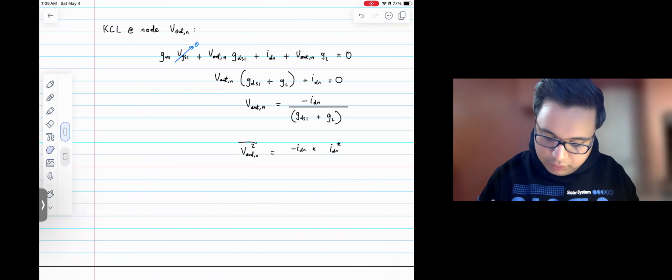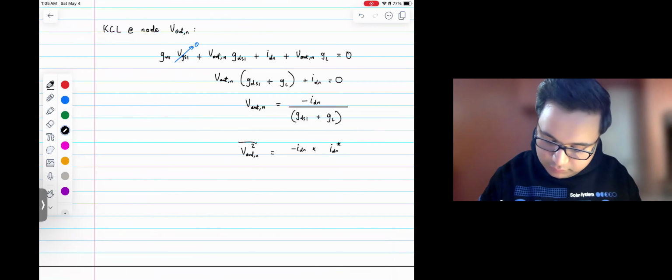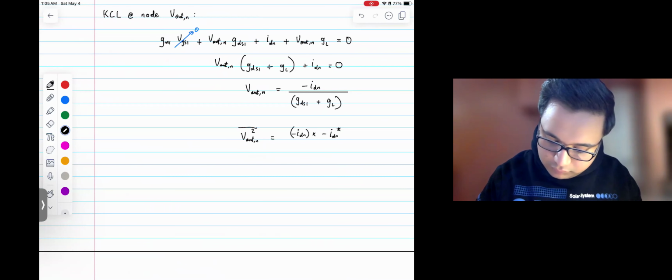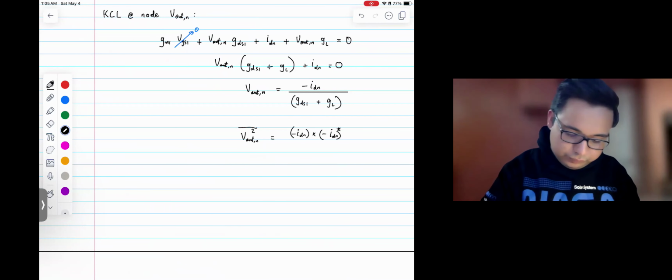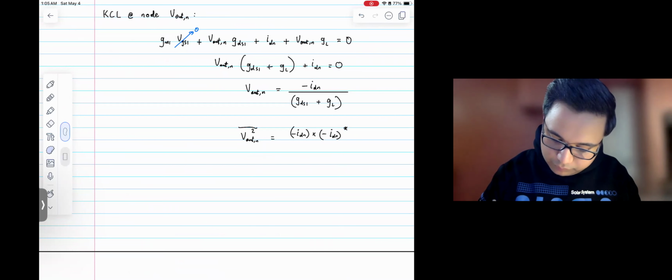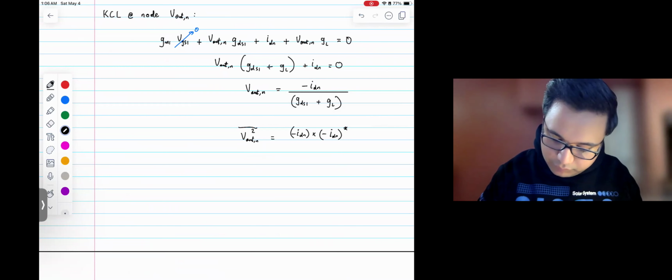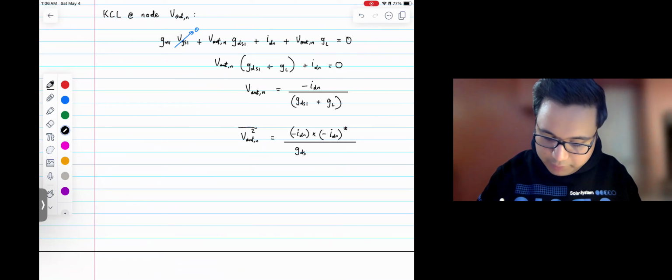So it should be this, all right, and so that, and in the denominator, it's just a square.